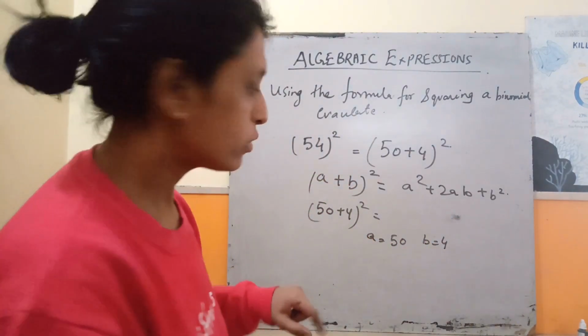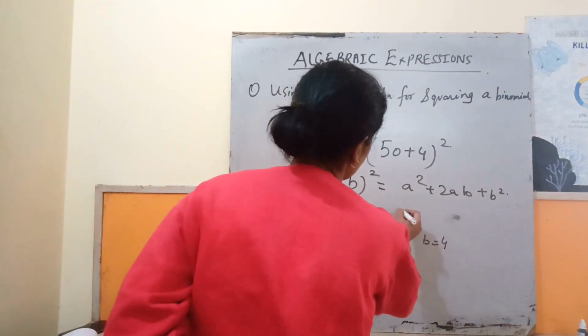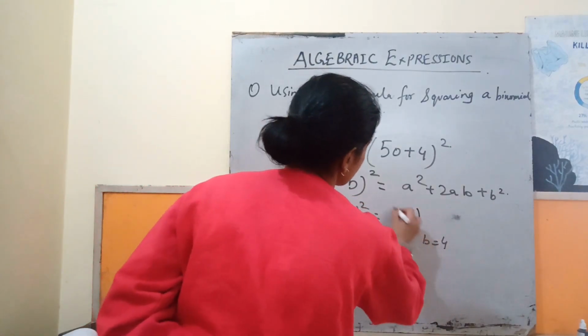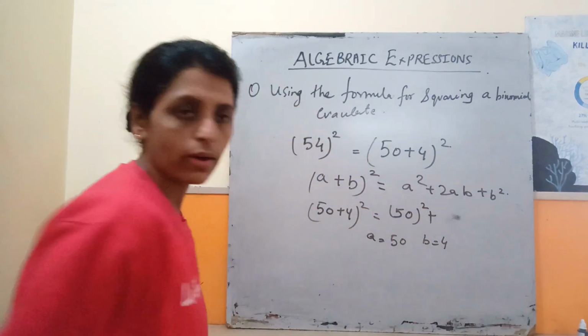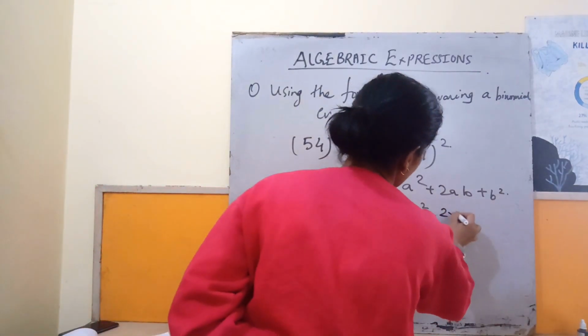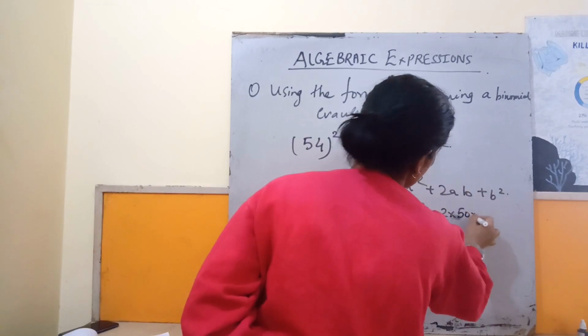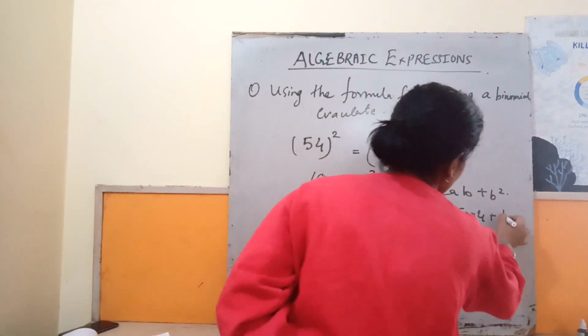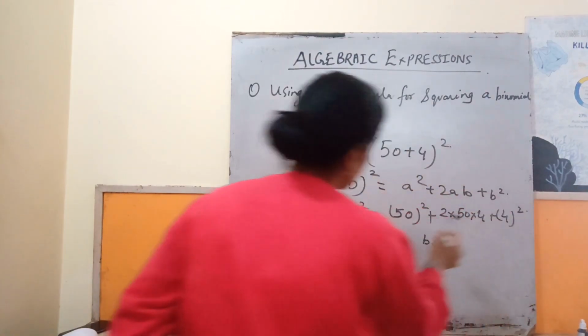On substituting the values, we put 50 square plus 2 into 50 into 4 plus 4 square.